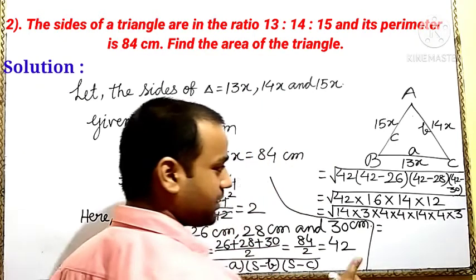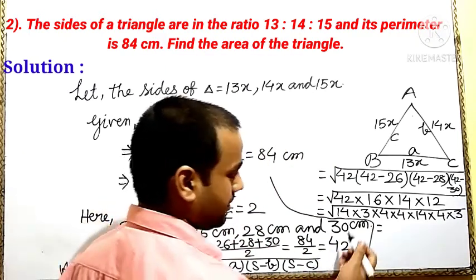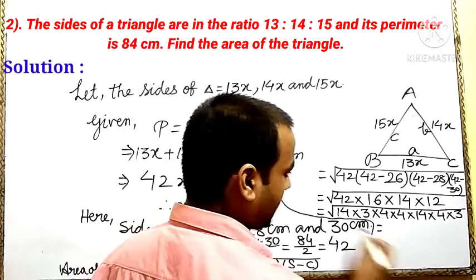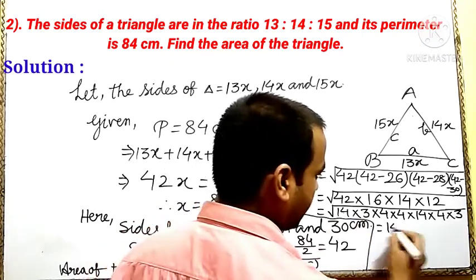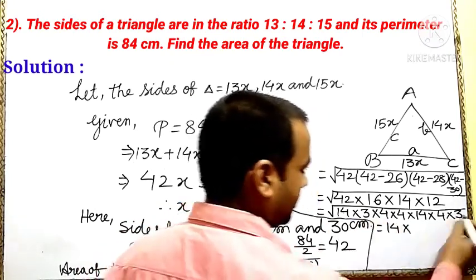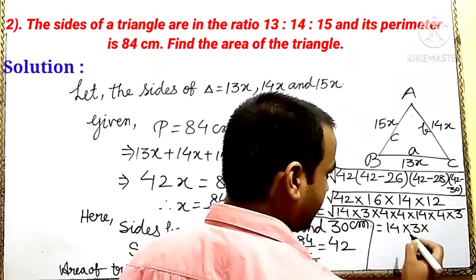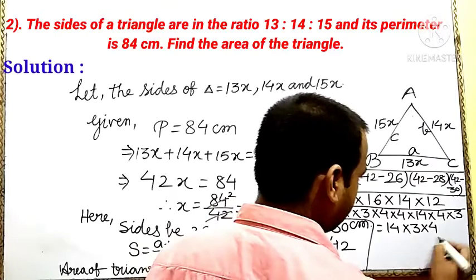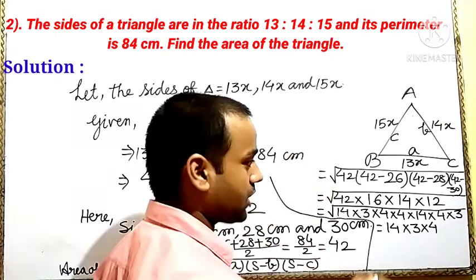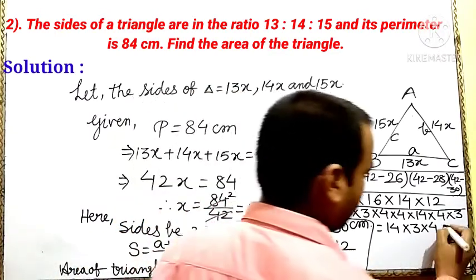Any two equal numbers become one number outside. 14 appears 2 times, write 1 time. 3 appears 2 times, write 1 time. 4 appears 2 times, write 1 time. Here 4 only 1, the square root of 4 we get 2.